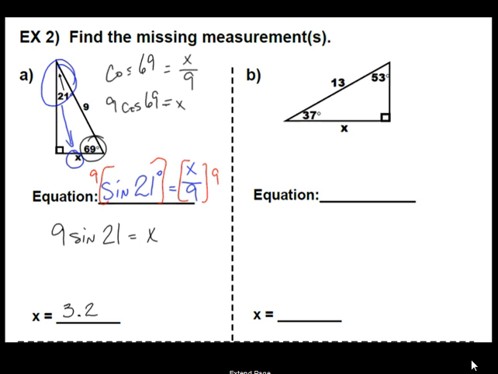Looking at our next one here, I'm looking for my value of my x right here. So this time, let's start off, let's do the cosine. So I'm going to use this 37, cosine of 37 is equal to x over 13. So here I'm going to have to multiply both sides by 13.